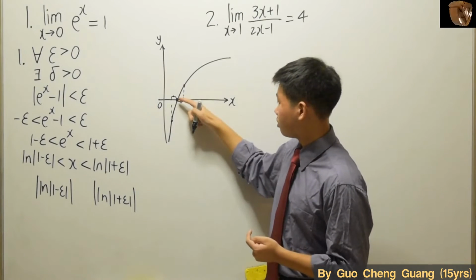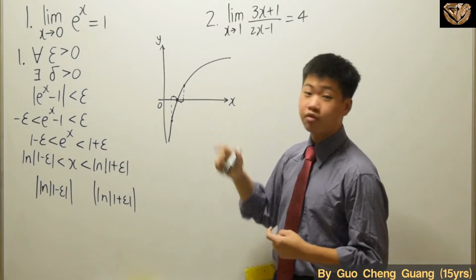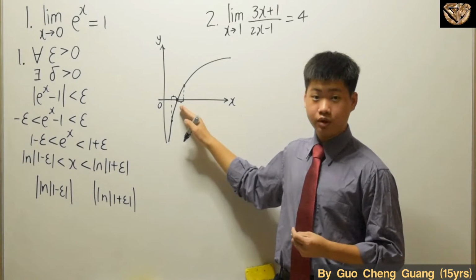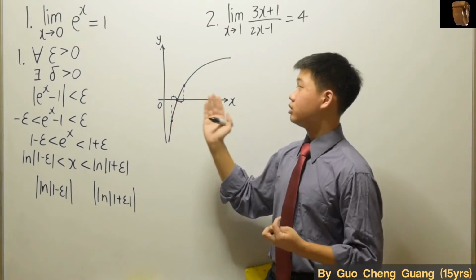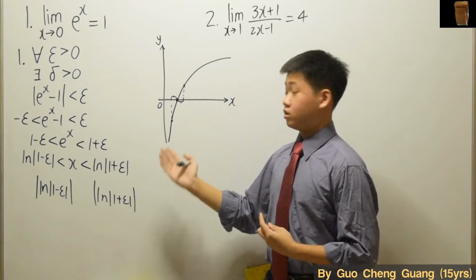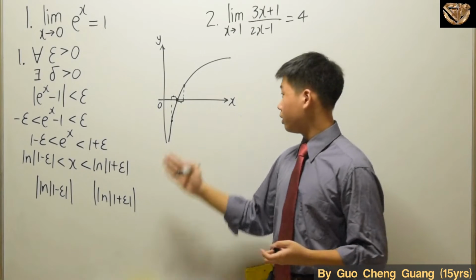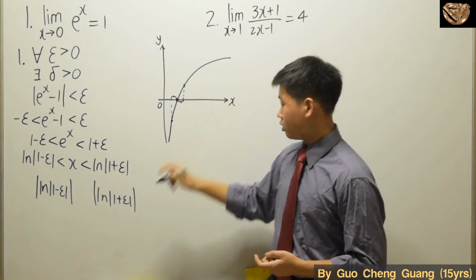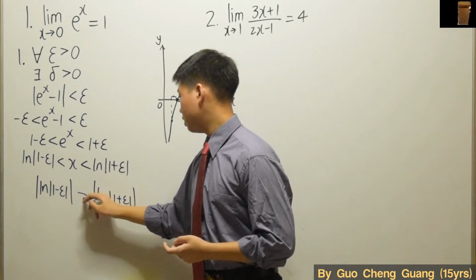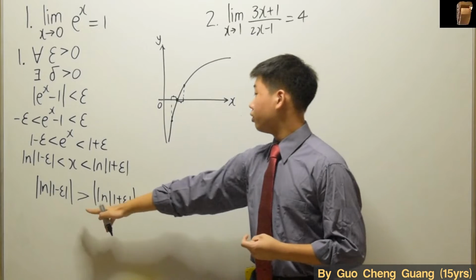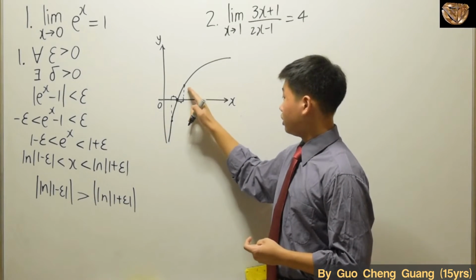So since this drops faster, it would have the further distance away from the point that you have. Now, in this case, do we want the further one or the closer one? We want the difference to be smaller. So when we want the difference to be smaller, we take the point that is closer. So here it would actually be the other way around, alright? So we want the point that is closer.